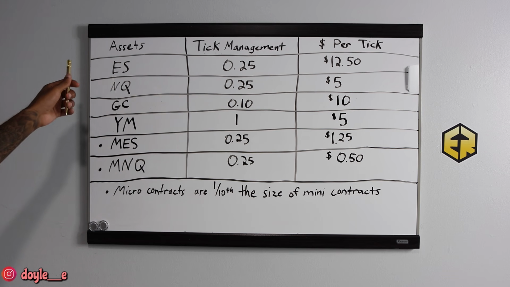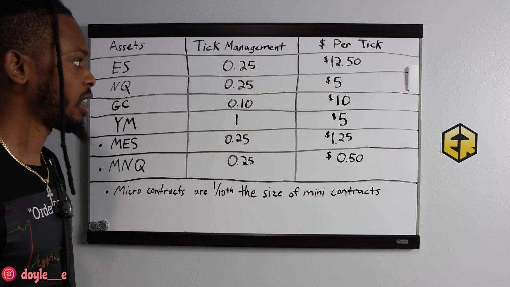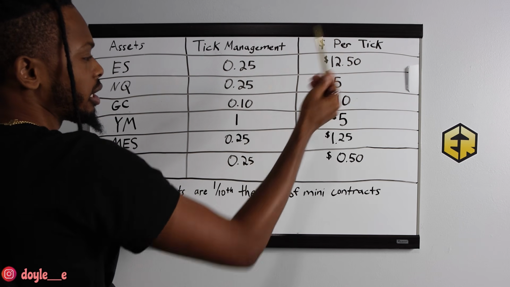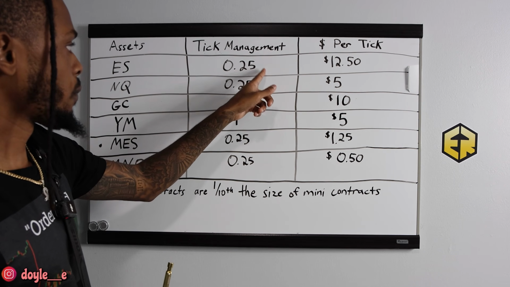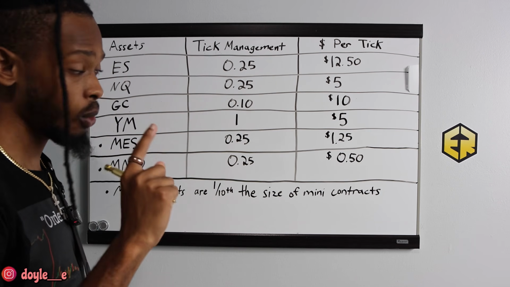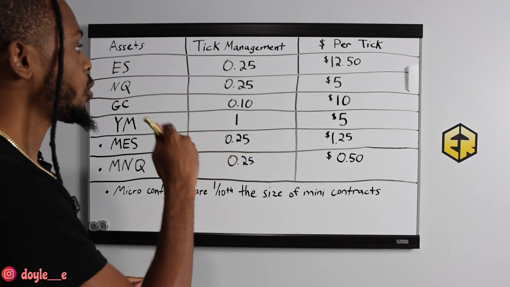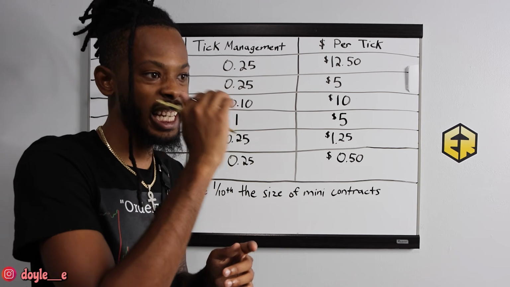Now, if we go to the right-hand side of S&P 500, it's a tick management, and it's a 0.25. Dollars per tick, $12.50. So 4 ticks of this will be considered 1 point, okay? S&P 500 moves in increments of 0.25 on each tick.